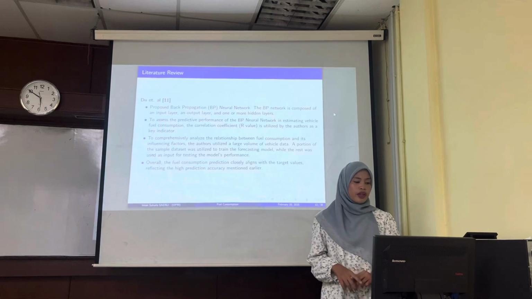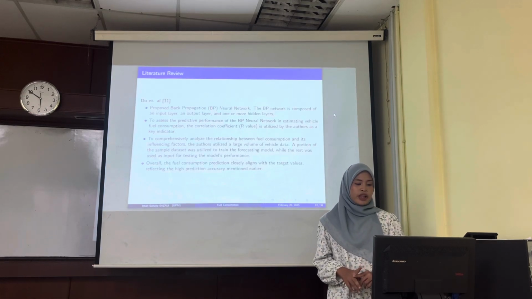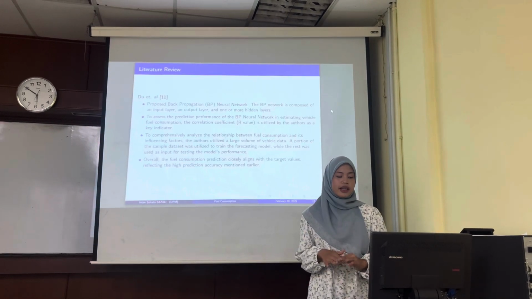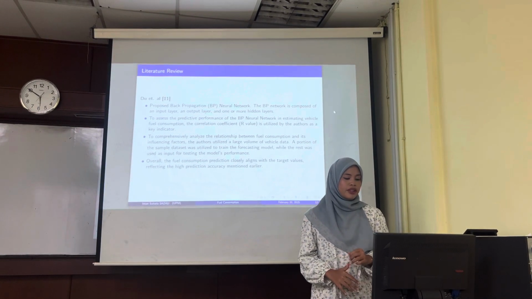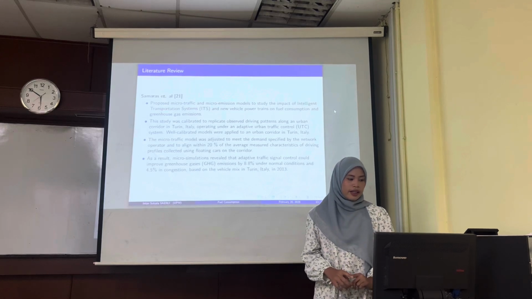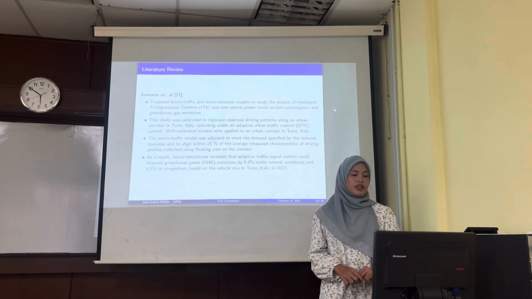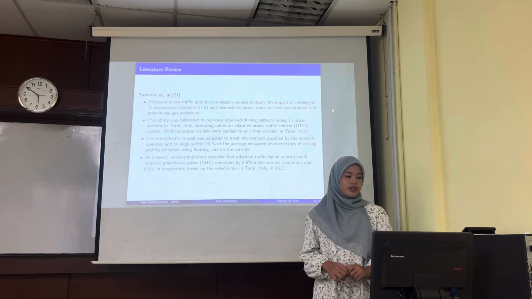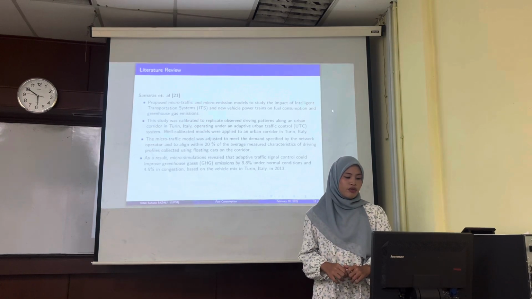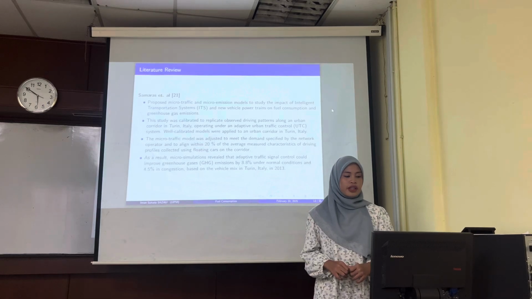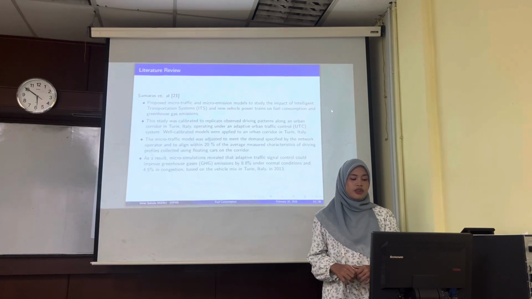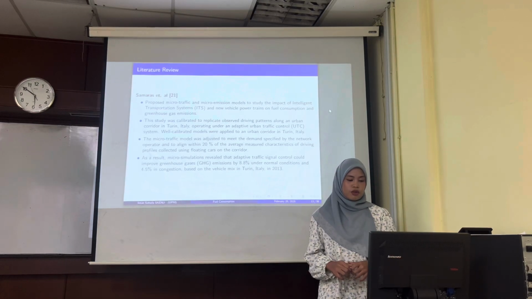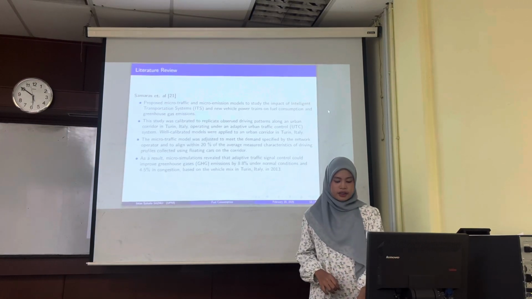And then Du et al. proposed back propagation neural network, and overall the fuel consumption prediction closely aligns with the target values, reflecting the high prediction accuracy. And then Samaras et al. proposed micro-traffic and micro-emission models to study the impact of intelligent transportation systems and new vehicle powertrains on fuel consumption and greenhouse gas emissions. As a result, micro-simulations revealed that adaptive traffic signal control could improve greenhouse gases.